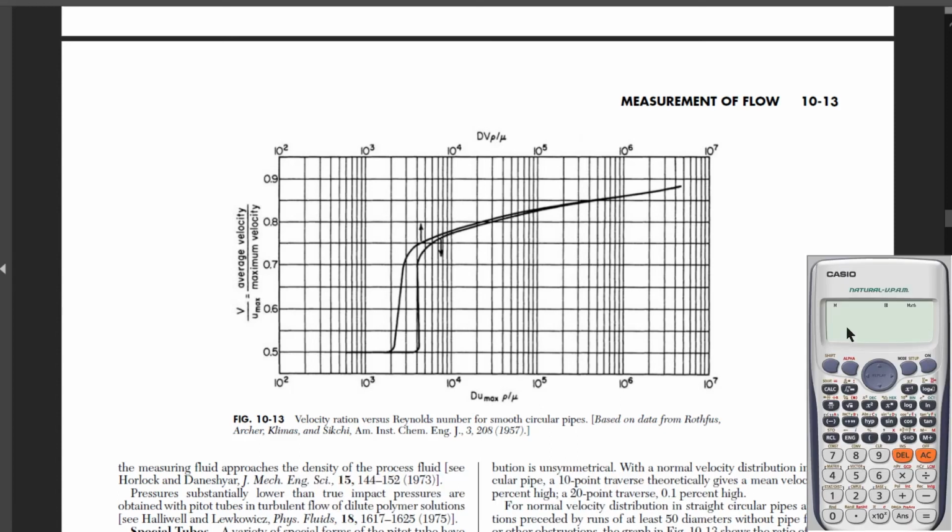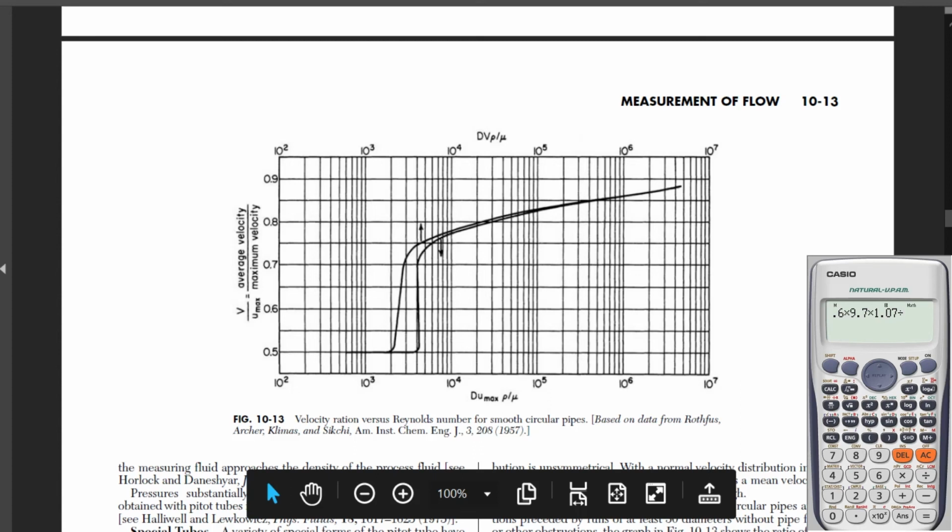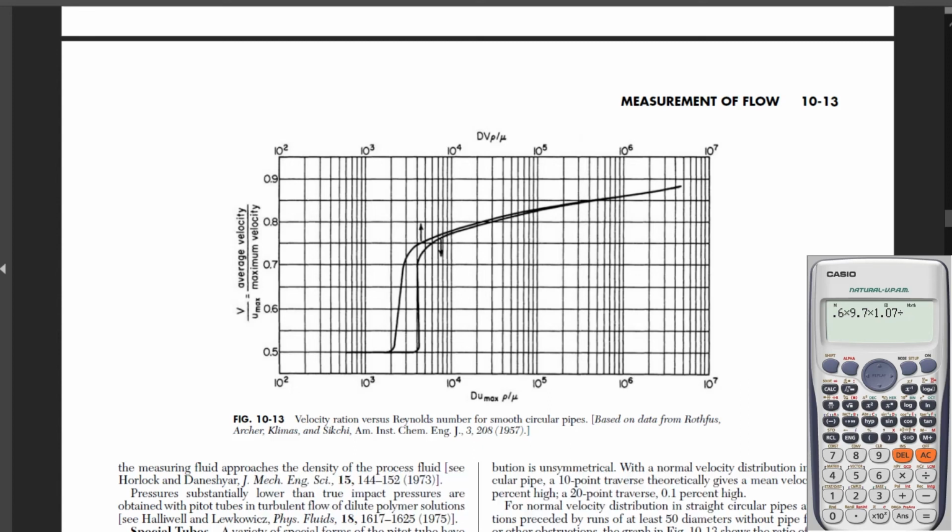We calculate that as the diameter of the pipe is 600 millimeters, that is 0.6 meters, multiplied by the maximum velocity that we have determined, 9.7 meters per second, times the density of air, 1.07, divided by the viscosity of air. The viscosity of air can be taken as 2.03 times 10 raised to negative 5 pascal second.